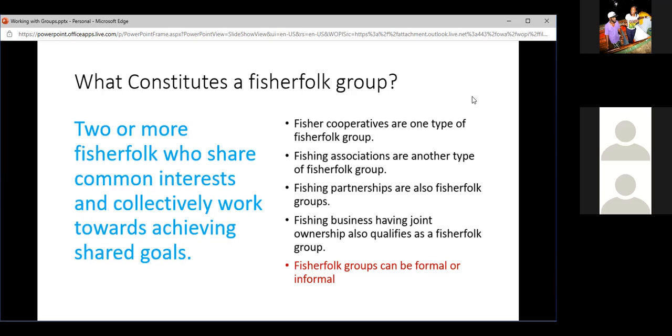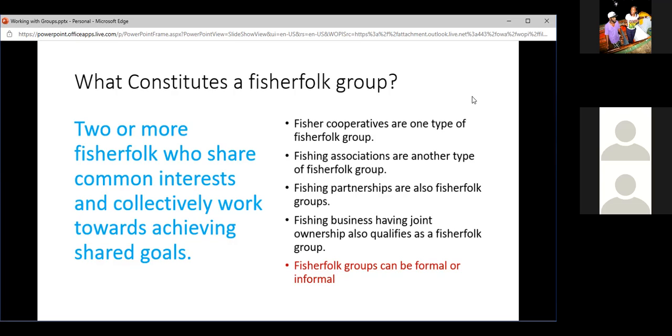These would form the basis of the difference between a cooperative or an association. For example, a cooperative is the type I am more familiar with, because the fisherfolk group that I work with is a cooperative, and all of those that exist in St. Lucia are cooperatives. So I am more comfortable with that type of grouping.